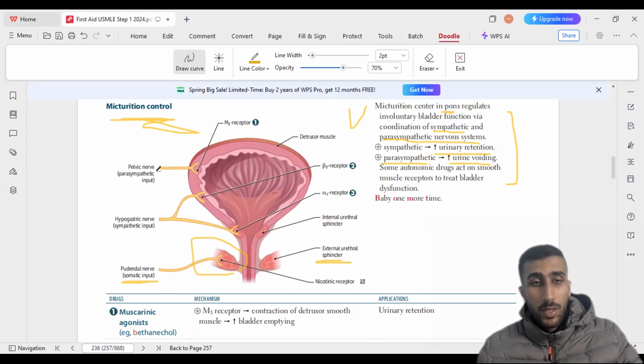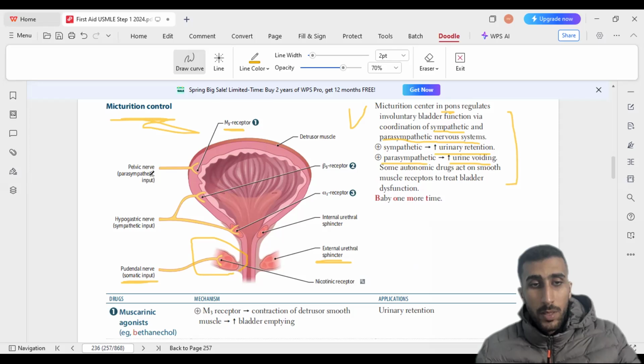Remember the pelvic nerve, we said that it is part of the parasympathetic input, and the parasympathetic uses muscarinic receptors, and here we have the M3 receptor. The M3 receptor, as part of the parasympathetic input, controls the bladder muscles.